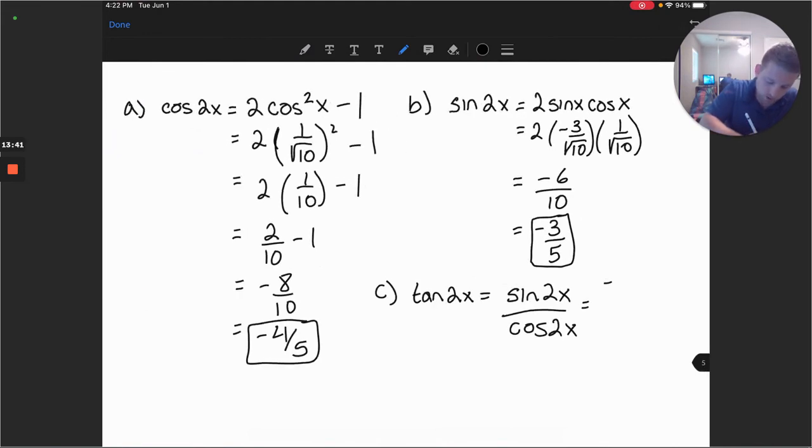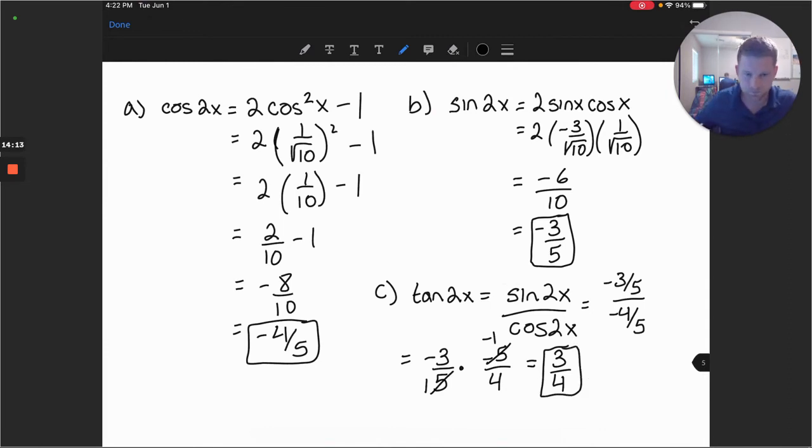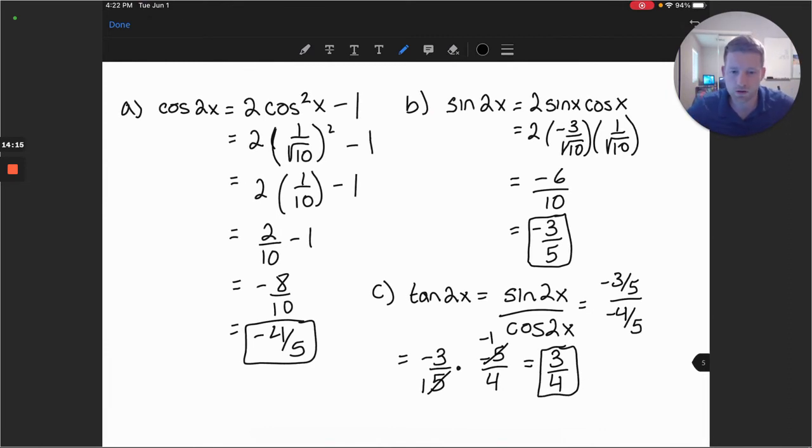So we have negative 3 over 5 and negative 4 over 5. We can flip and multiply here to simplify. And we'll have 5's cancel, and we'll just be left with positive 3 over 4. So there's our tangent 2x.